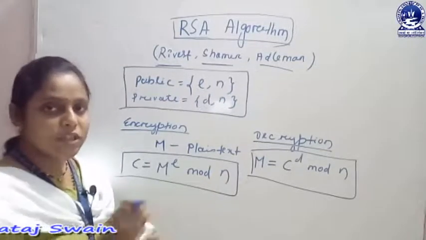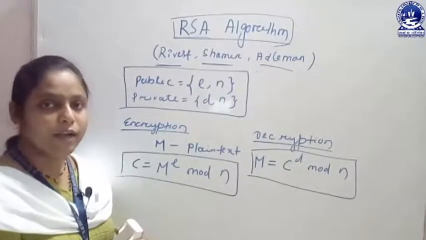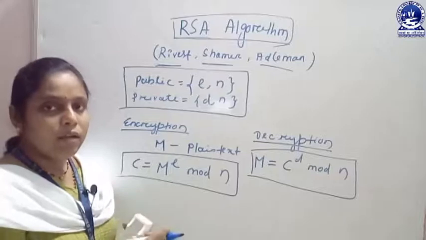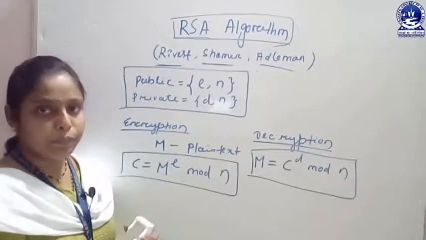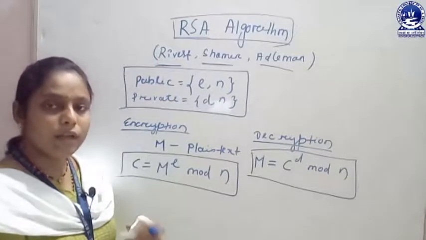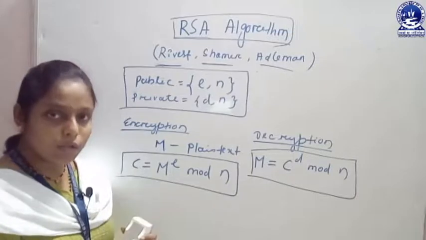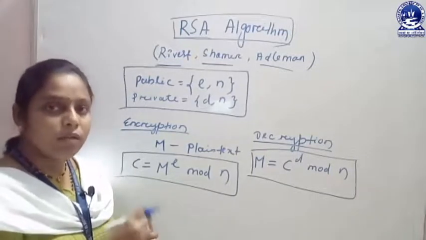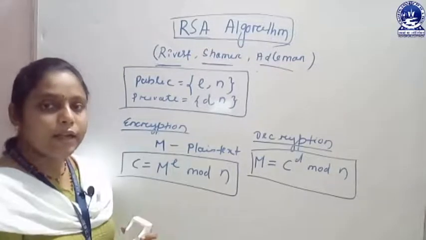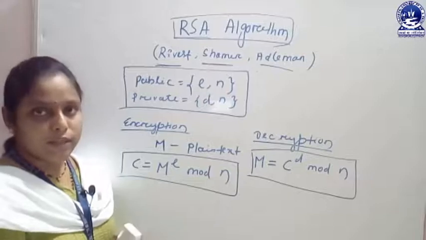Here you must remember that when we use the public key crypto system, we can encrypt a message by using one of the keys. That may be the public key of the receiver or the private key of the sender. When we use one of the keys from these two, then we use the second key of the corresponding user to decrypt that message.